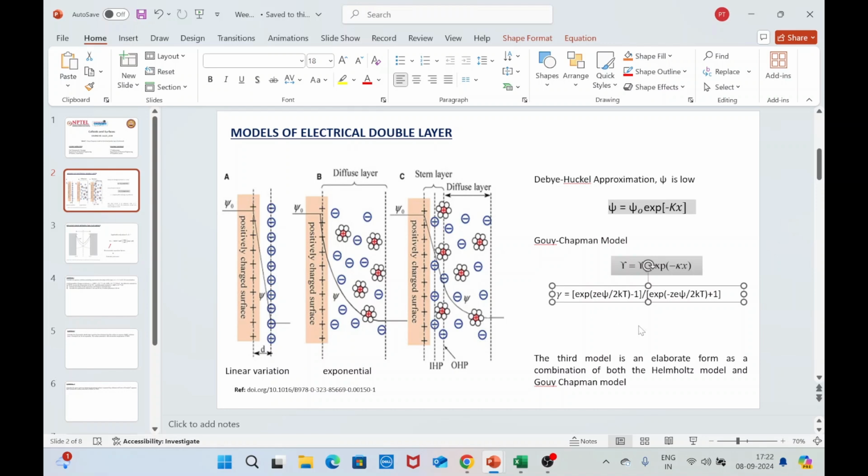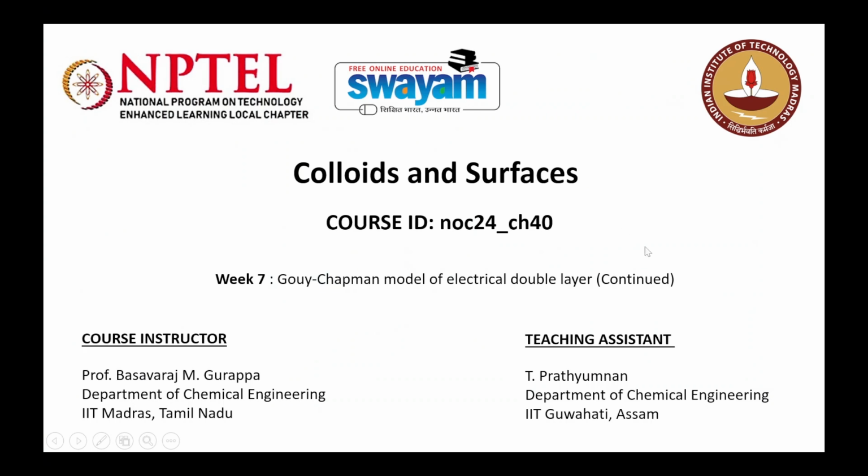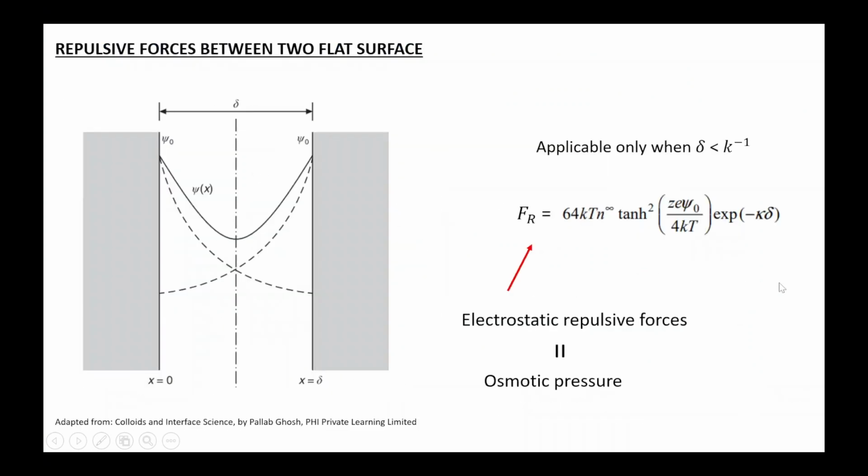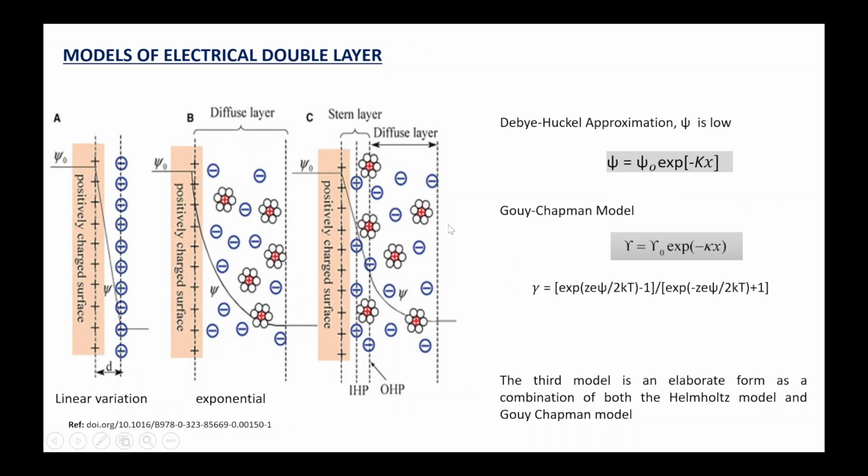So this is your value of gamma. So this is with your Gouy-Chapman model.